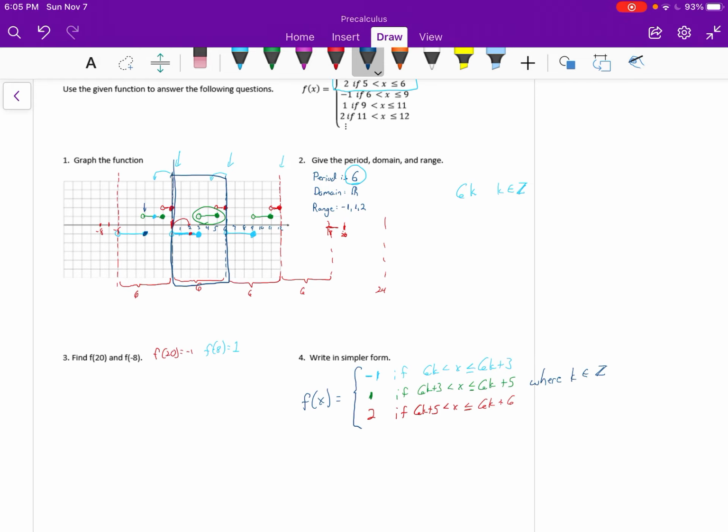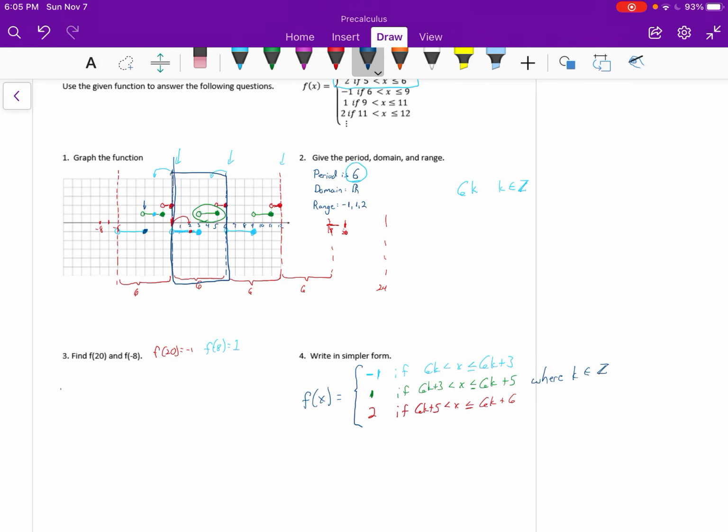I'm going to circle back here to question 3. A way to think about this: we could take f of 20, and because this is starting at 0, and the period is 6, we do 20 divided by 6.